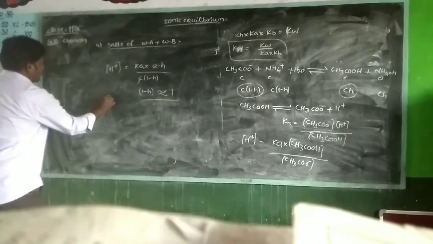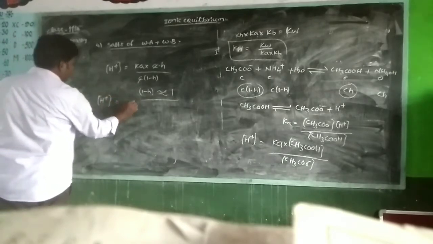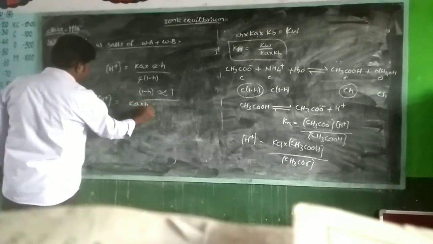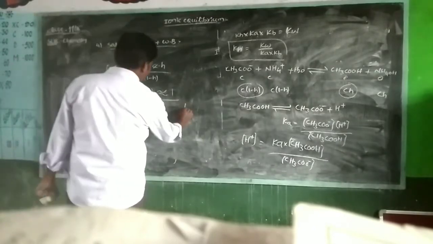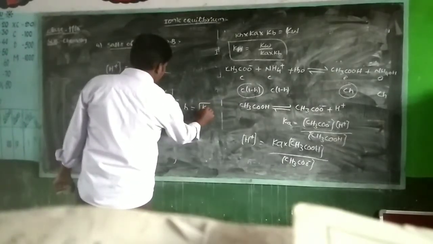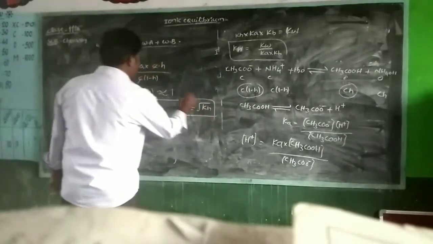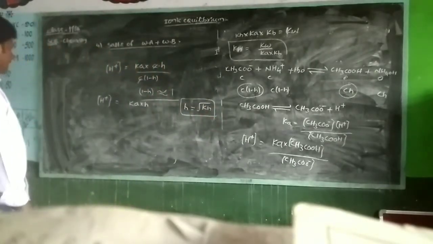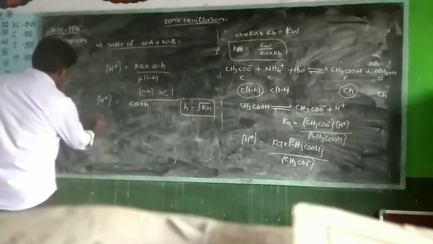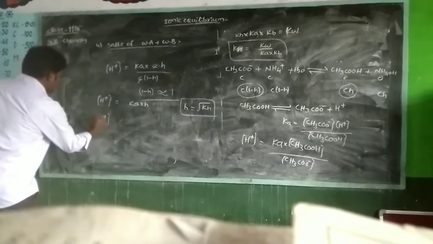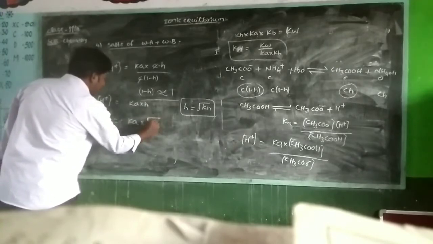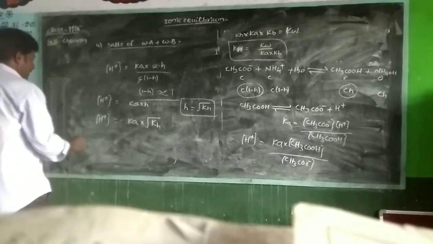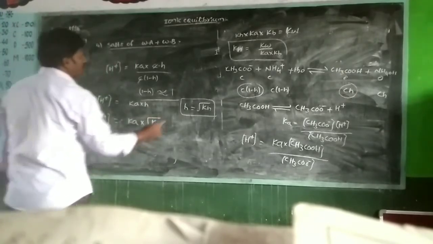So H plus concentration is equal to Ka into h only. Here h is the degree of hydrolysis, h is equal to root Kh. So H plus concentration is equal to Ka into root Kh.